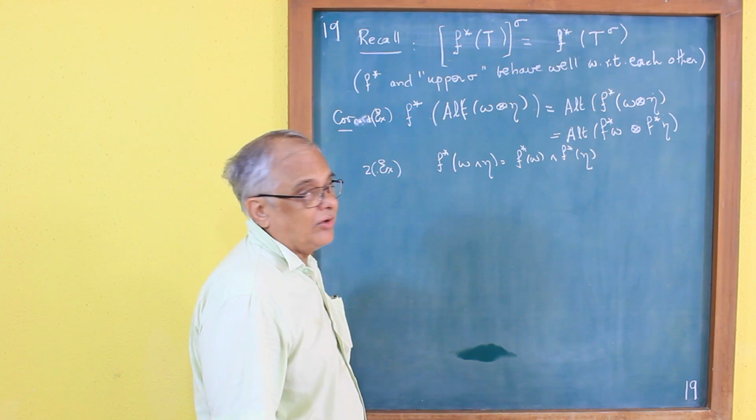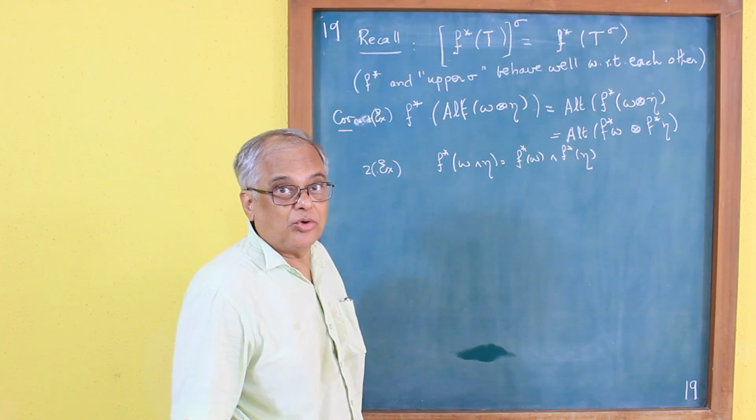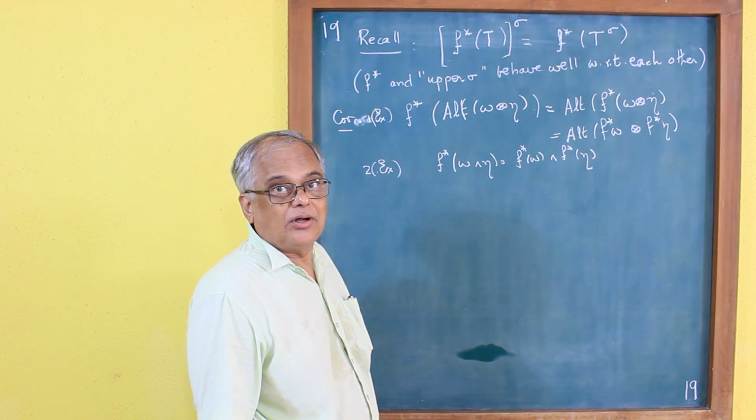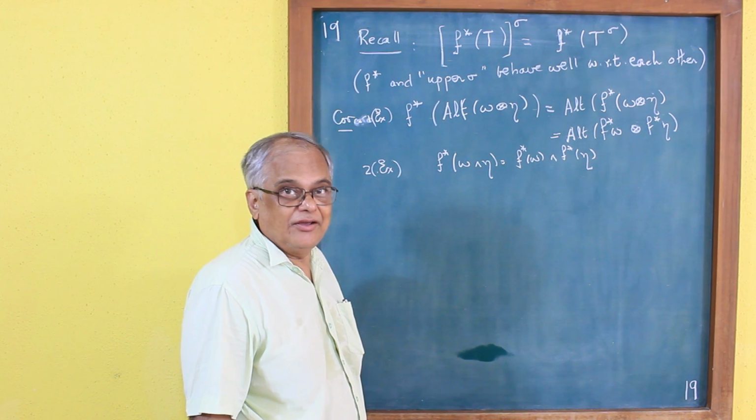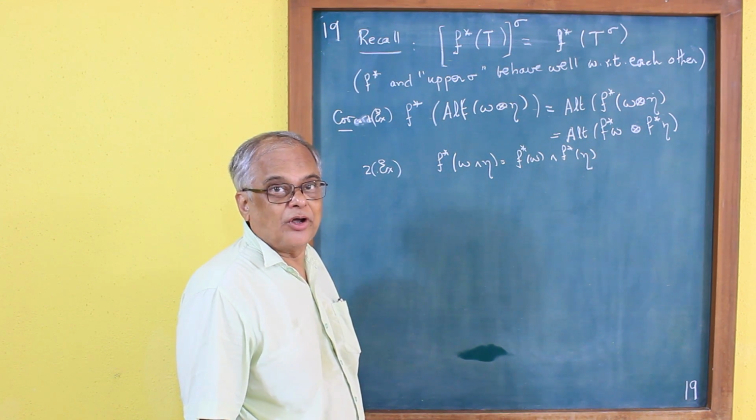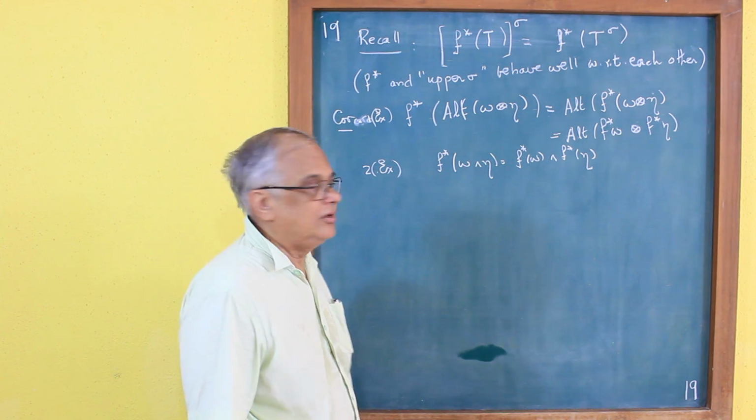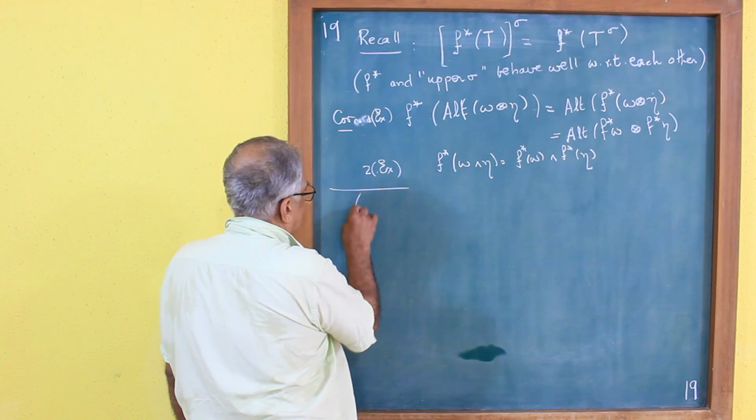However, if I want it to be a product, there is something more to be done. We can only call something a product if that product is associative. So now we have to worry about associativity.